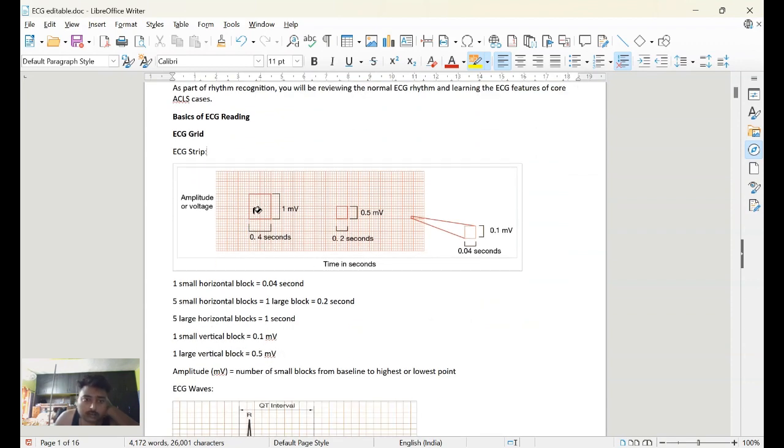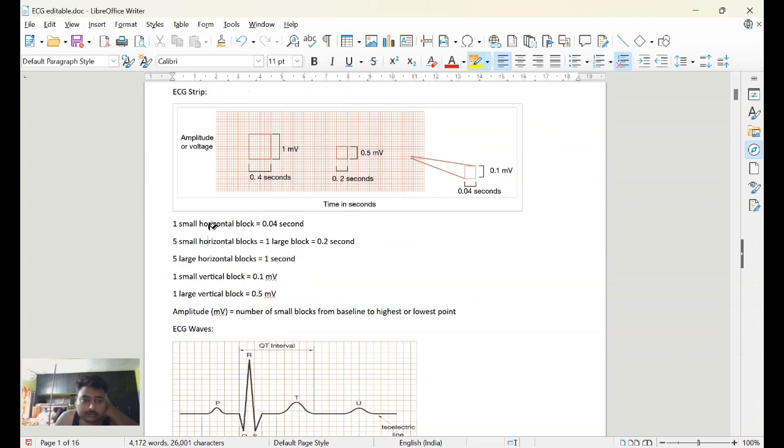So the small square is 0.04 seconds, five small squares make 0.2 seconds.